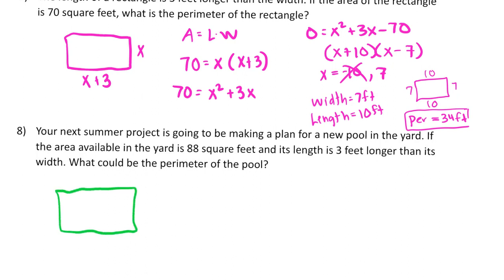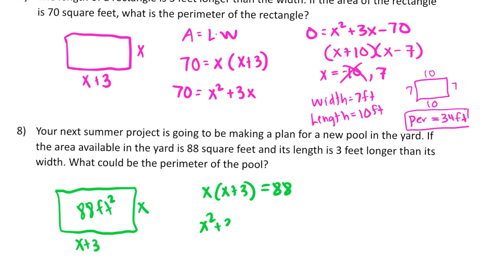So we have our area. We know that this area is 88 square feet, and we know that the length is 3 feet longer than the width. So if my width is x, my length is 3 feet longer than that. My area, x times x plus 3, is equal to 88.